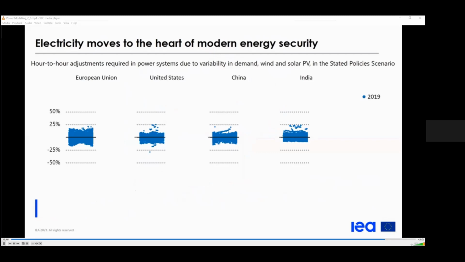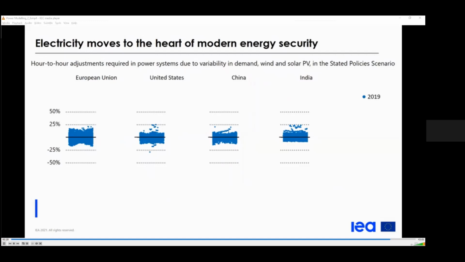So we have seen that we have flexibility needs at the second time frame and at the seasonal time frame. One way of measuring flexibility needs can also be at the hourly level, specifically the hour-to-hour ramping needs to fully integrate wind and solar PV and respond to change in demand. Here you can see those needs in 2019 in 4 major regions.